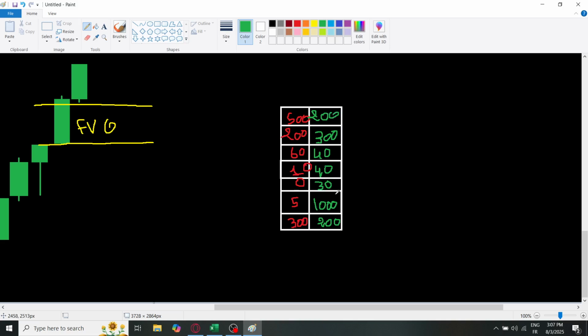So what's an imbalance on the footprint? The first thing you need to know about the footprint is that the comparison is diagonal, not horizontal. So I don't compare numbers like this, but we compare them like this. Why?